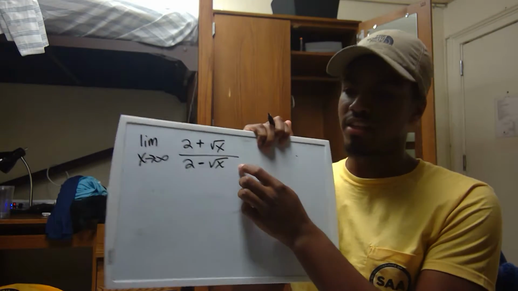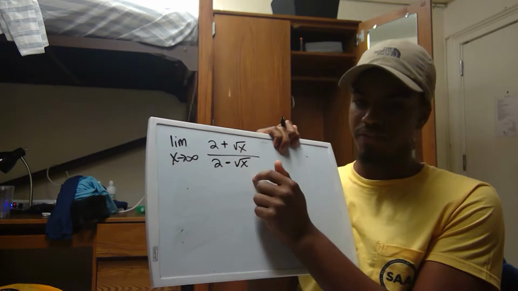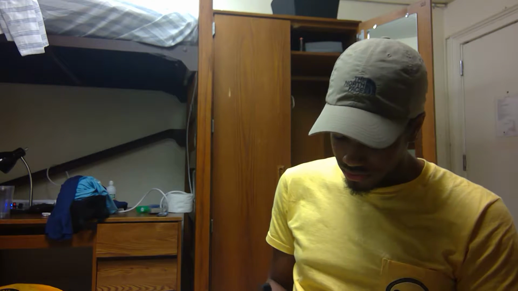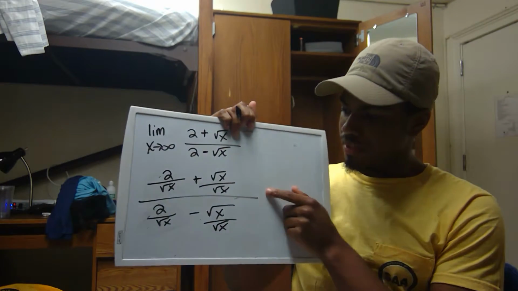So then we can look at the limits of each term individually. So that would give us 2 over the square root of x plus the square root of x over the square root of x, all over 2 over the square root of x minus the square root of x over the square root of x. So now this is what we end up with.